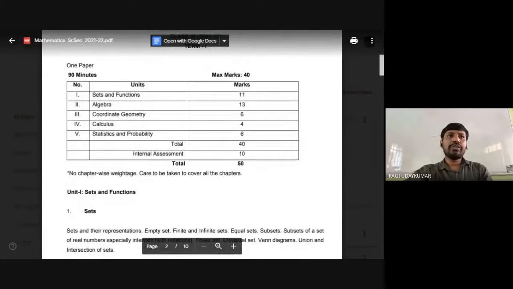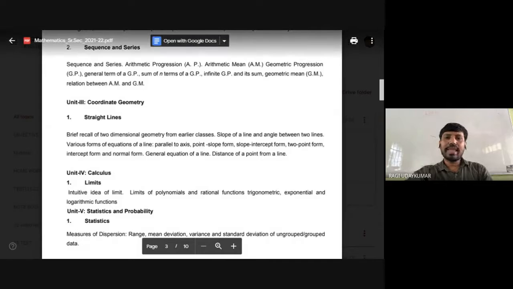Coming to the third unit, coordinate geometry, which includes only 6 marks. Under coordinate geometry, there are straight lines only.